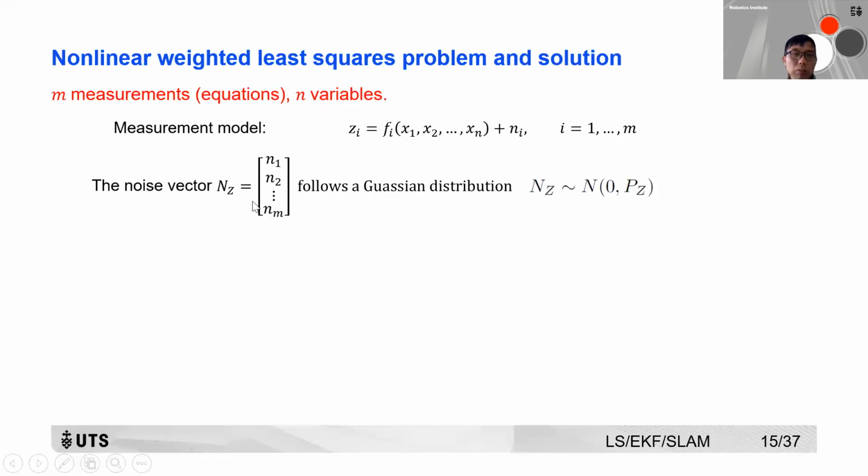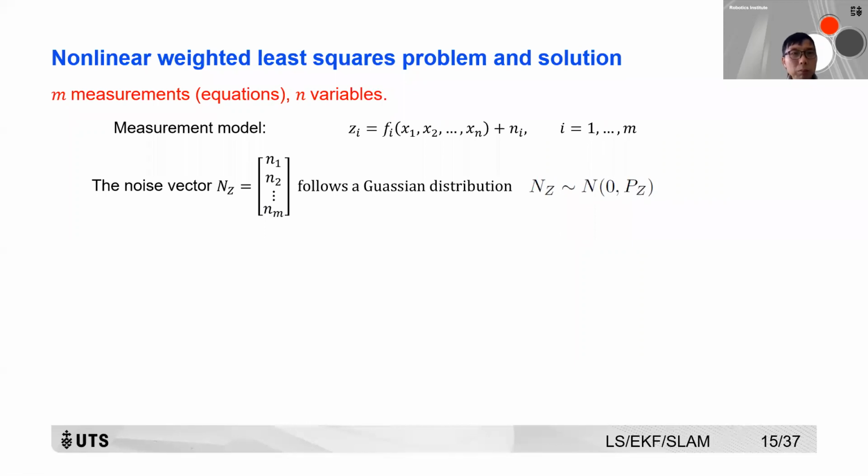And we put all the noise together and assume the whole noise vector follows a Gaussian distribution with zero mean and covariance matrix PZ. In the case when all the noises are independent, then this covariance matrix PZ will be diagonal. But in general, if the noises have correlations, you can have a non-diagonal covariance matrix.